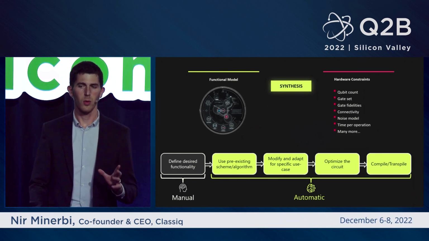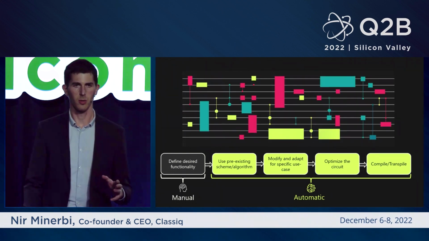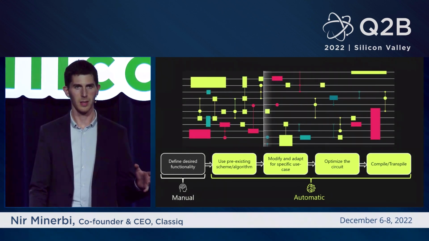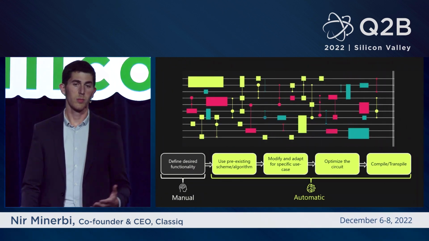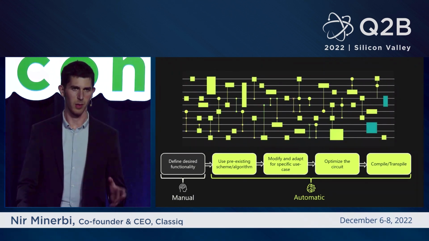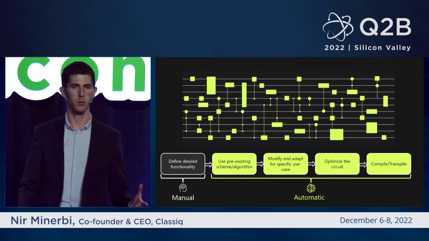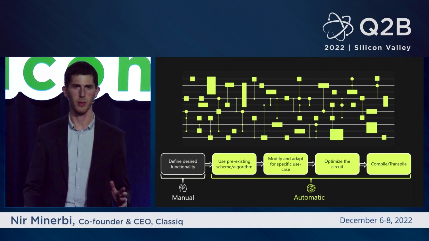So when you let automation choose the optimal implementation for your specific functionality, taking the constraints into consideration, on the one hand, obviously, it's much easier, it's more abstract because you focus on what you want to do, but also you can get much, much, much better results.